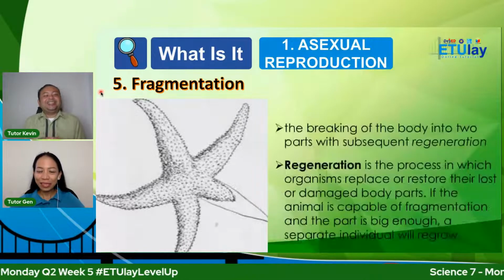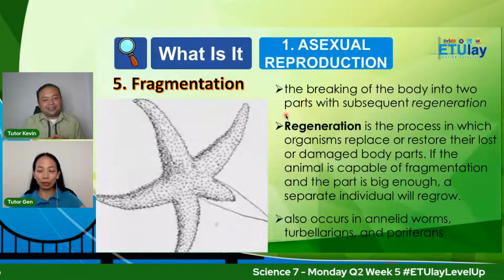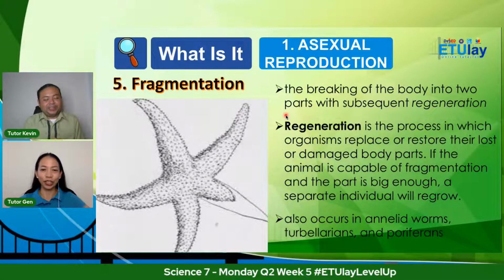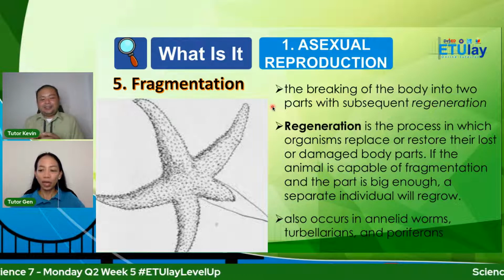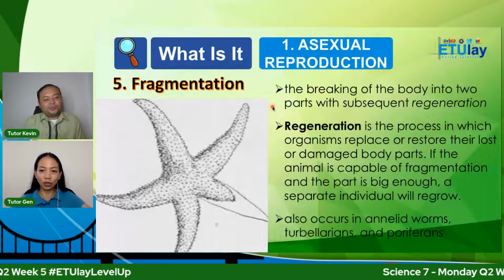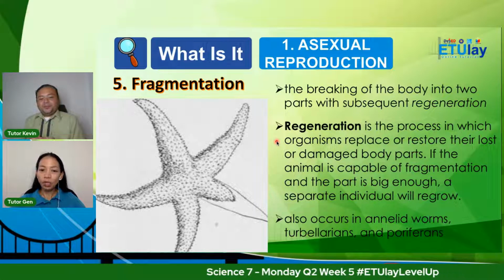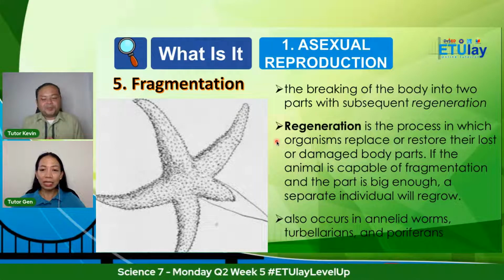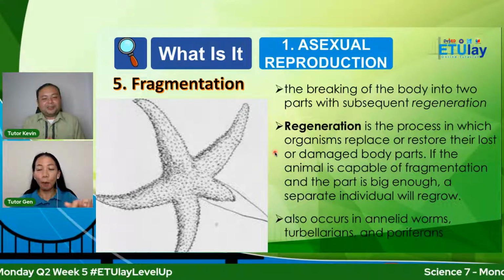Correct. Sa fragmentation, another term, or subsequent na process, is regeneration. So the breaking of the body into two parts with subsequent regeneration. So this process is one in which the organisms replace or restore their lost or damaged parts.